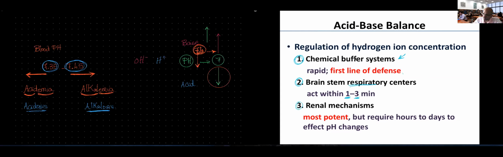A third line of defense that I have in order to maintain a normal blood pH within the 7.35 to 7.45 range is through the renal mechanisms.